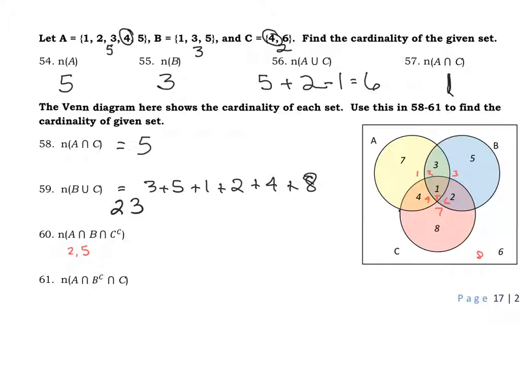And so I want to intersect that with the complement of C, which is regions 1, 2, and 3. So the only thing that they have in common as far as the regions is region 2. So region 2 has the cardinality of 3.